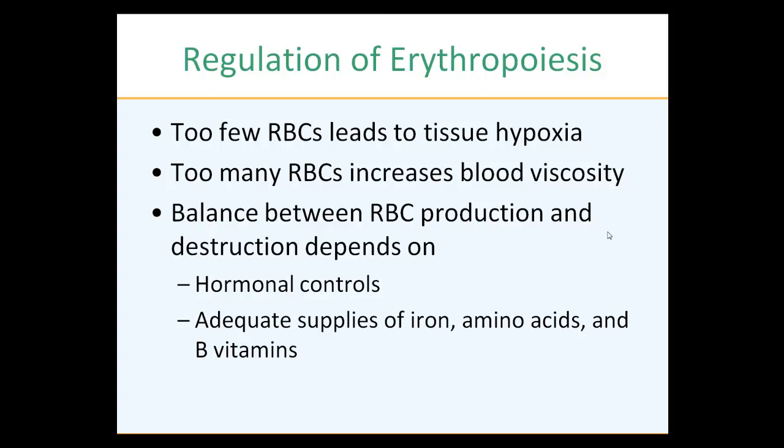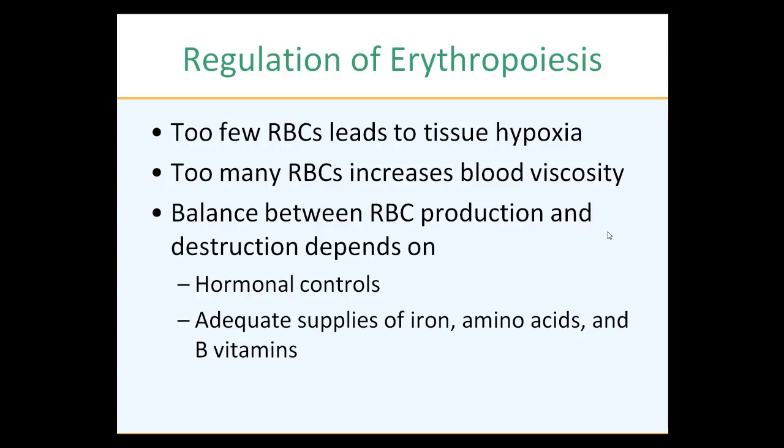and the adequate supply. Do we have enough iron to make hemoglobin? Because what's the point of making red blood cells when we don't have the hemoglobin inside them? So of course we know that iron deficiency anemia is a serious problem, and the reason for it is that you don't have enough hemoglobin.